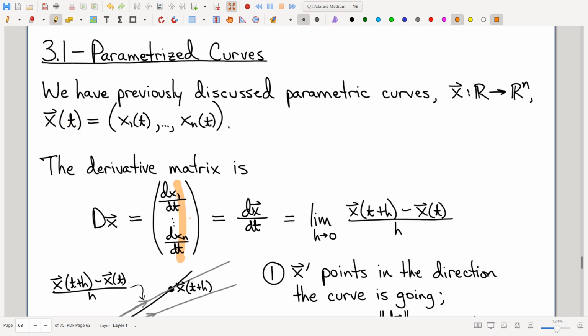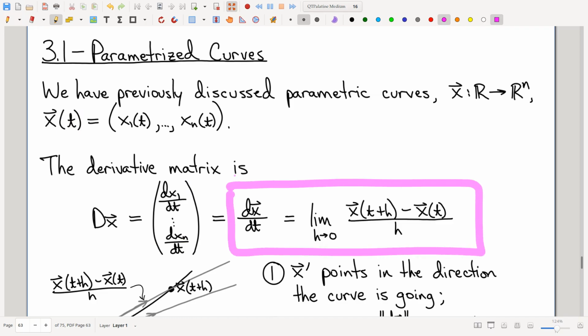Now, I think it's kind of cool to observe that if I were to think from single variable calculus, everybody remembers a formula like this for how to compute single variable derivatives, right? Well, for single variable functions, this actually works just fine. We don't need to get all fancy with definitions.